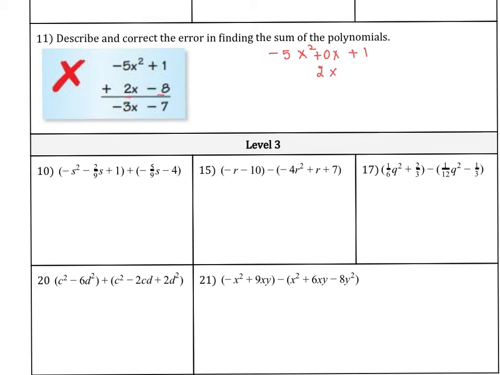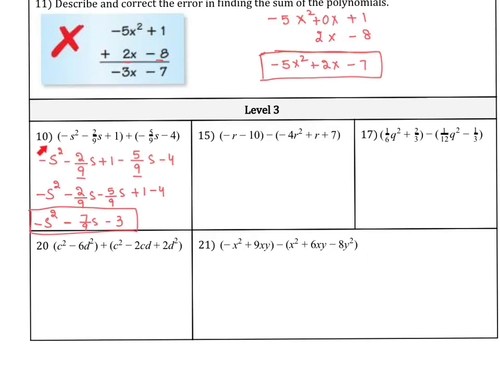And then the negative 8 goes underneath the constant. There is no x squared term, so we cannot combine anything with the x squared term. So that's going to be as it is. 0 plus 2 is 2x. And negative 8 plus 1 is negative 7. So the right answer, or the right way of doing it, is this way that I just showed you.